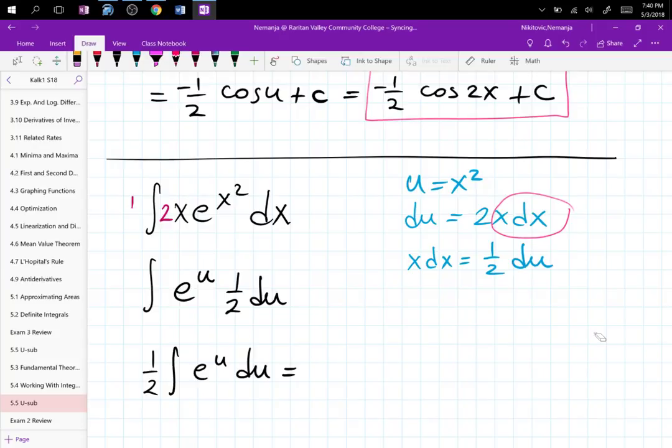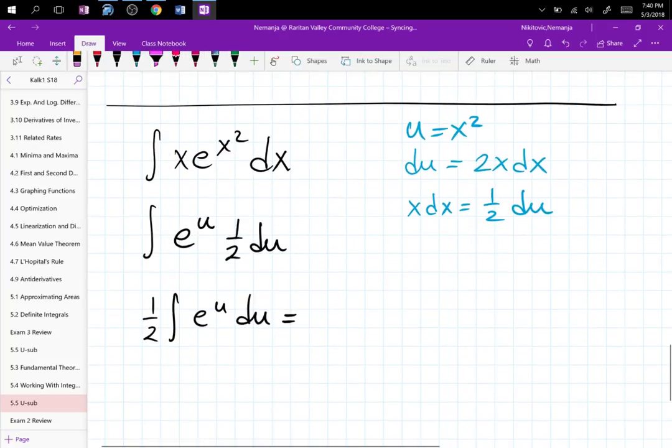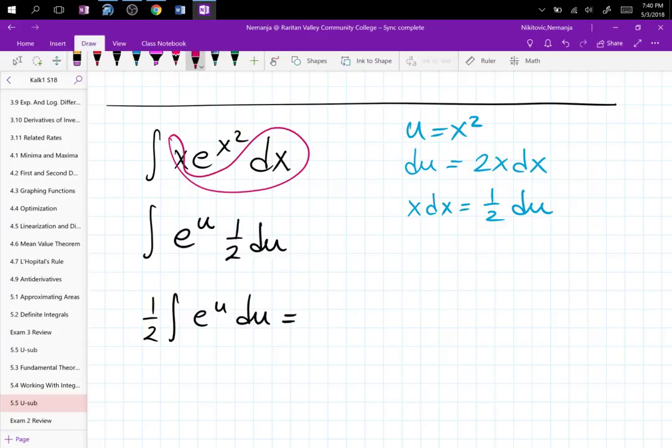So there are 2 ways in which you can approach this, and I'll show the other way as well eventually. This is more streamlined when you compare what you have, and the peanut over here has x dx, which is this much. So just ship 2 to the other side, and you get the substitution piece.